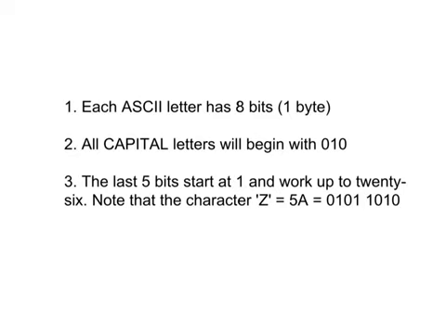First of all, every ASCII letter has exactly 8 bits, which is 1 byte. Secondly, all capital letters will always begin with 0, 1, 0 in binary. And finally, the last 5 bits start at 1 and work their way up to 26.